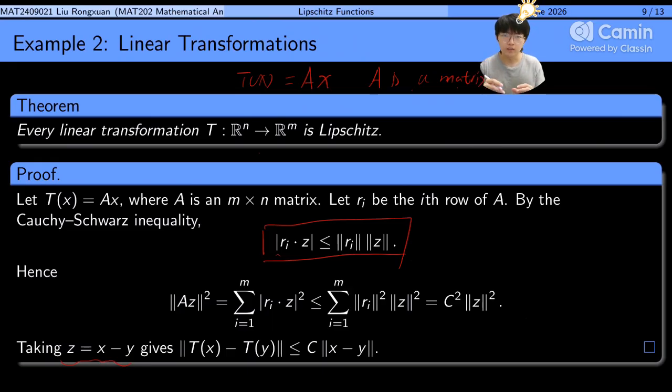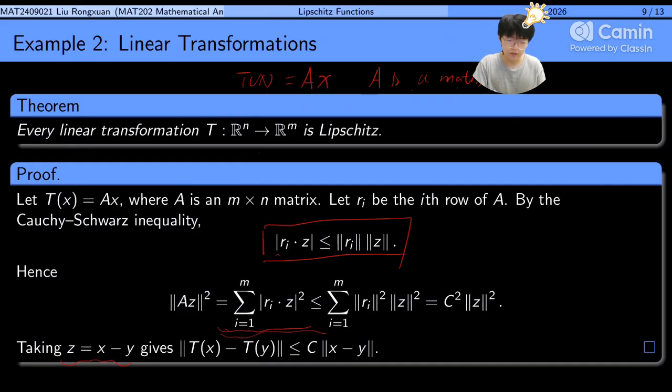We square the norm of Az, and then we get this, because R_i is the i-th row of A, and we have R_i times z, and we square it.